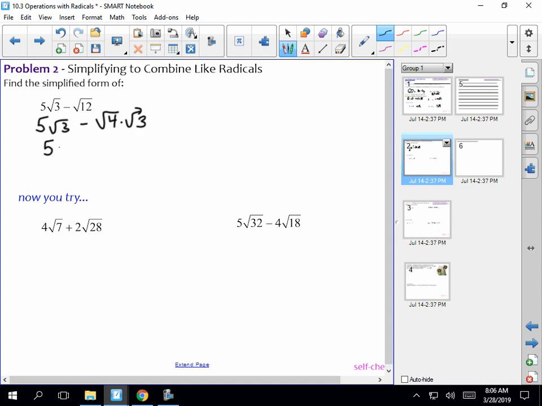And so we have 5 root 3 minus 2 root 3. 5 minus 2 is 3 root 3. So why don't you pause the video and try the ones below, and then I'll put up solutions. You can check.